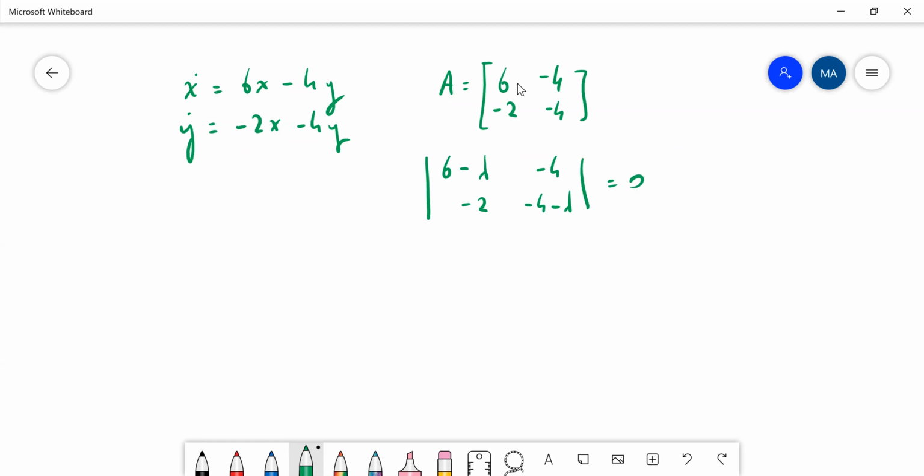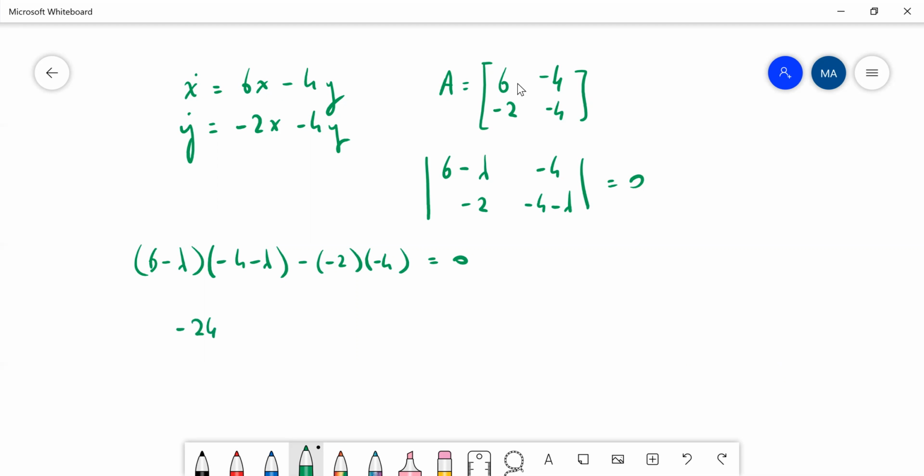So you have 6 minus lambda times minus 4 minus lambda, minus minus 2 times minus 4, equals 0. If you solve this, you're going to find your lambda. So how do you do that?